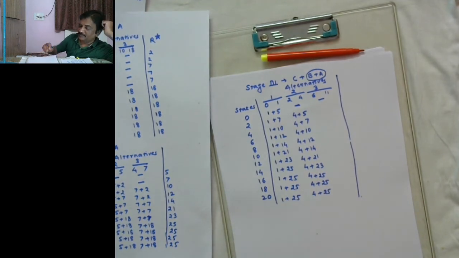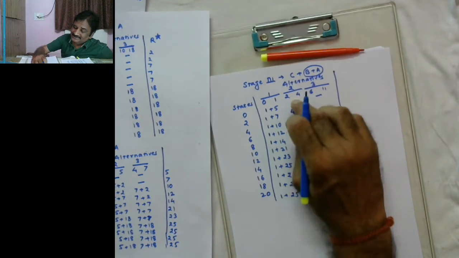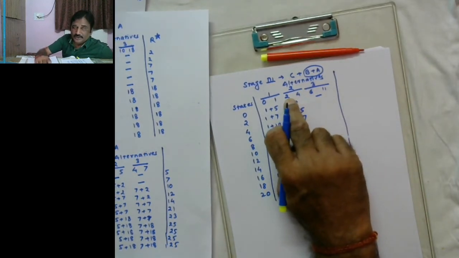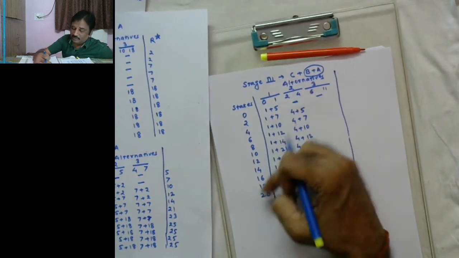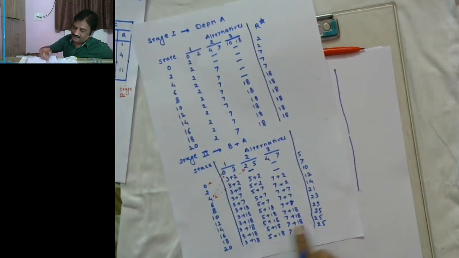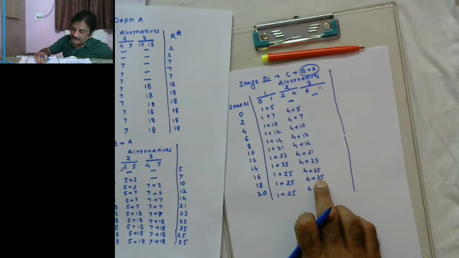Just check it for the last one, 20 crore rupees. If I assume I have 20 crore rupees, I will be using the second alternative, whereby I will be consuming 2 crore rupees, right? I will be left with 18 crore. 20 minus 2, 18 crore, and for 18 crore from the previous stage, I know that the optimal return for 18 crore is 25, and that is how my second value is 25 here.